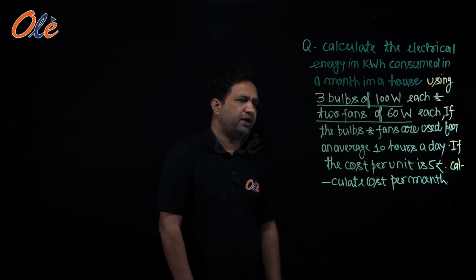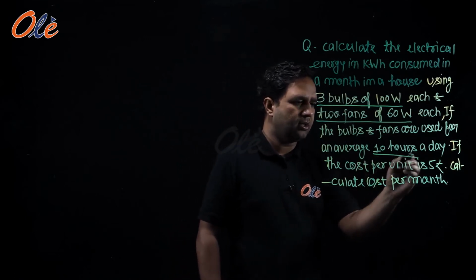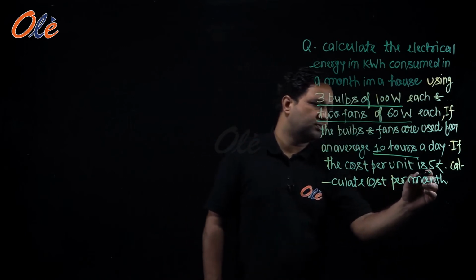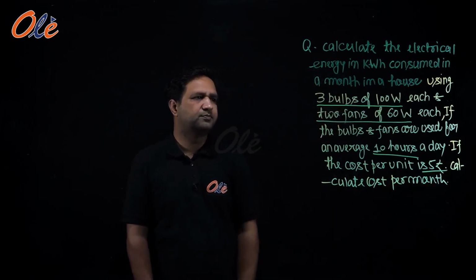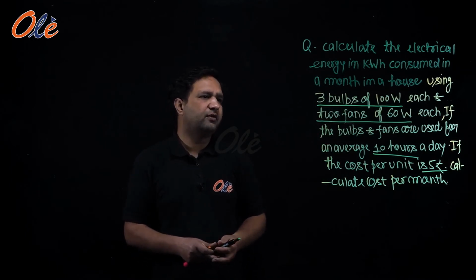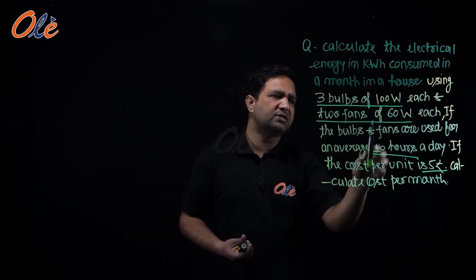If the bulbs and fans are used for an average 10 hours, and if the cost per unit is 5 rupees, calculate cost per month. Okay, so this is the question. First of all, we have to see there are 3 bulbs of 100 watt and 2 fans of 60 watt.